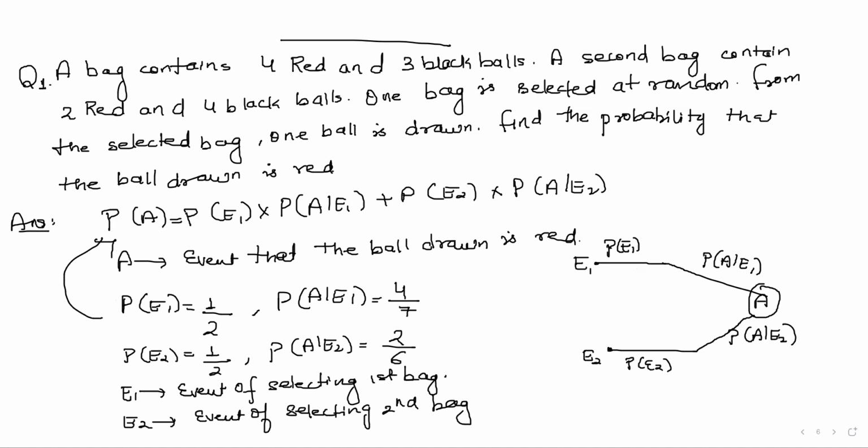Atif, the last one was done. Atif, the third one was done. What answer are you getting? Sir, 29 by 63. Very, very good. That's correct.